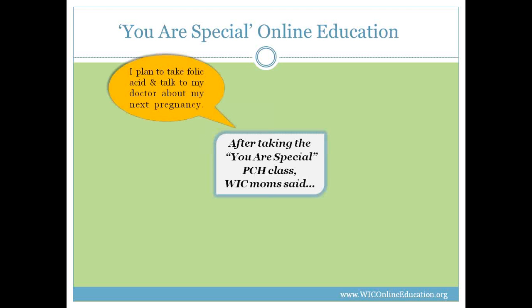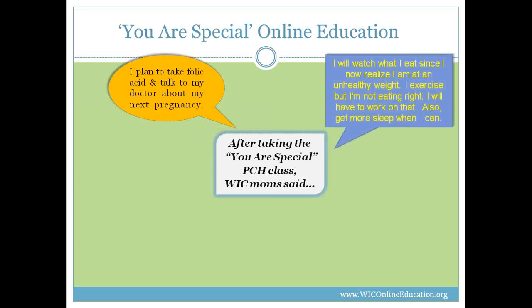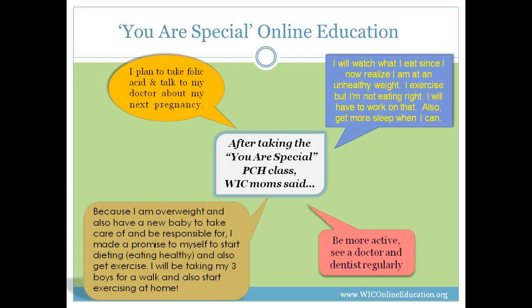One mom said, I plan to take folic acid and talk to my doctor about my next pregnancy. Another said, I will watch what I eat since I now realize I am at an unhealthy weight. I exercise, but I'm not eating right. I will have to work on that. Also, get more sleep when I can. Another said she wanted to be more active, and to see a doctor and dentist regularly.